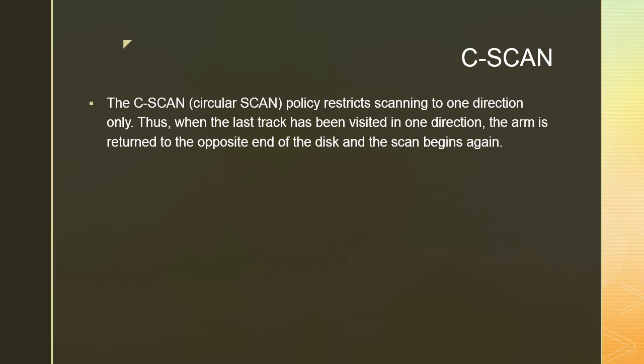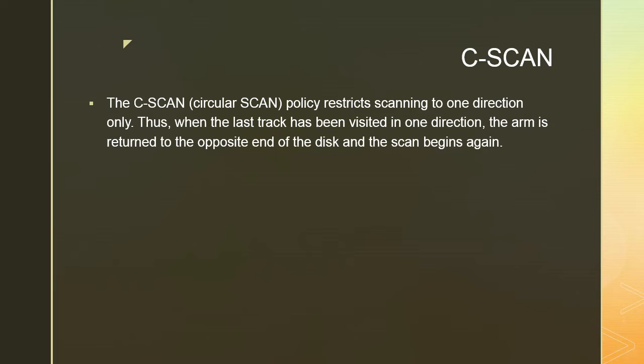C-SCAN. The C-SCAN (circular SCAN) policy restricts scanning to one direction only. Thus, when the last track has been visited in one direction, the arm is returned to the opposite end of the disk and the scan begins again.